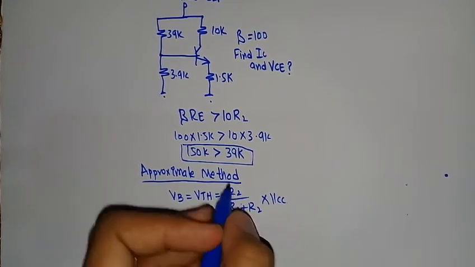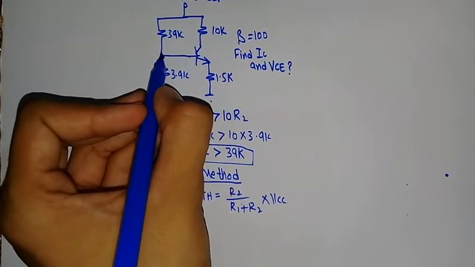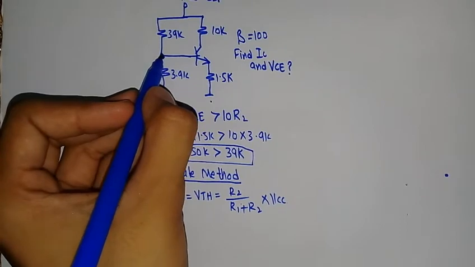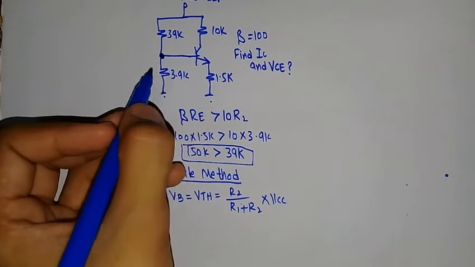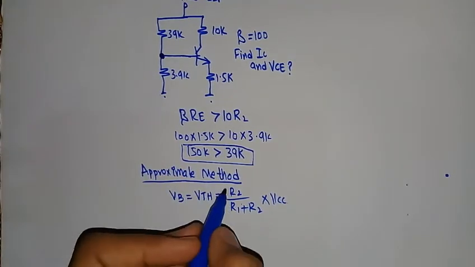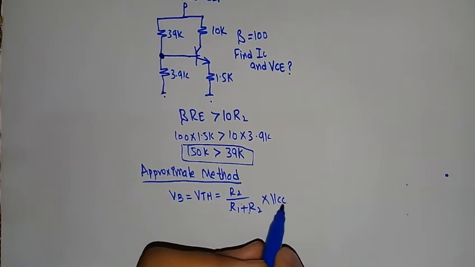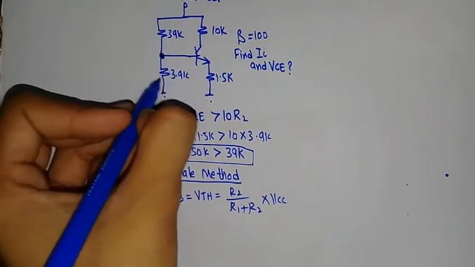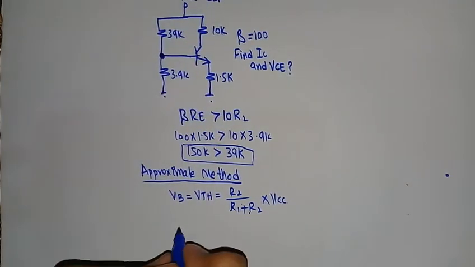Why do we take R2? Because we have to find the base voltage. The base voltage is at that point. From this point to the ground there is only one resistance present, and this resistance is R2. So we take R2 in the numerator and R1 plus R2 in the denominator, and this is multiplied with VCC because the parallel combination of these resistances has a voltage drop of VCC.